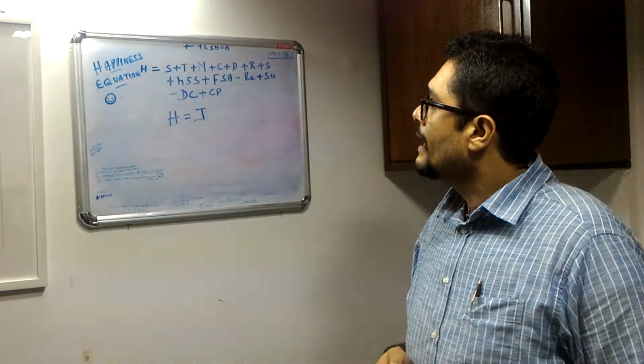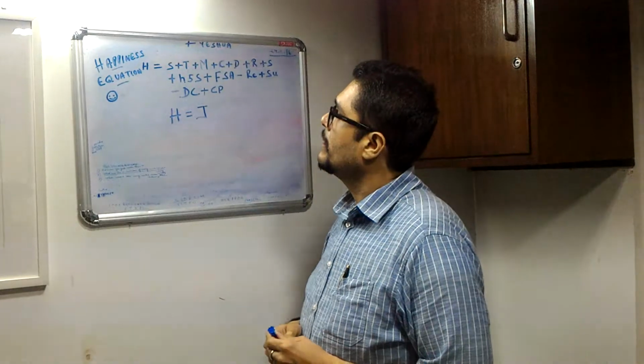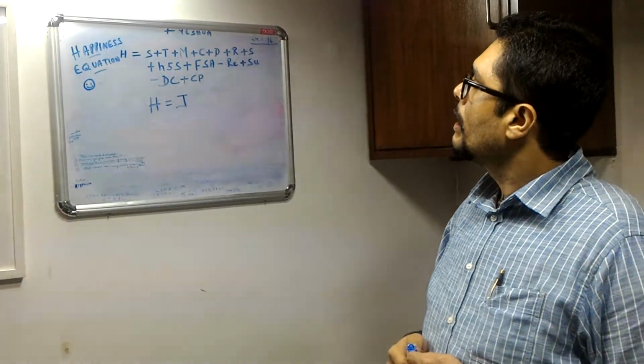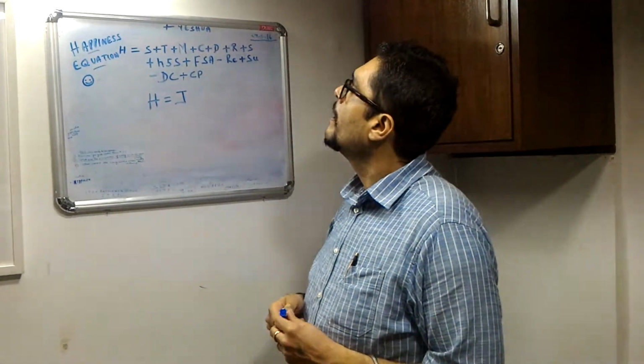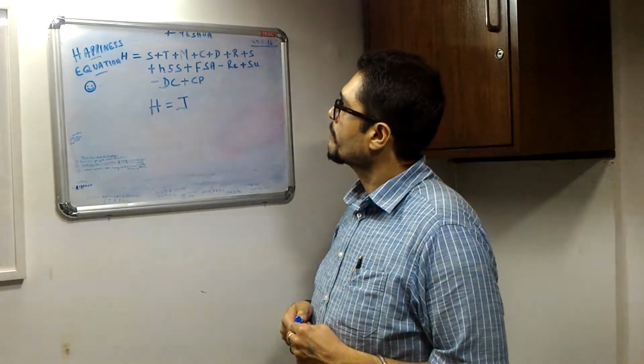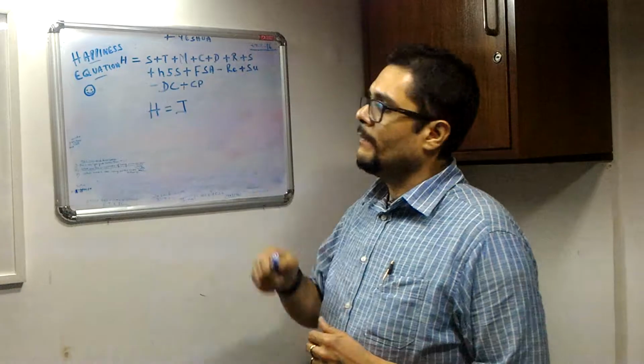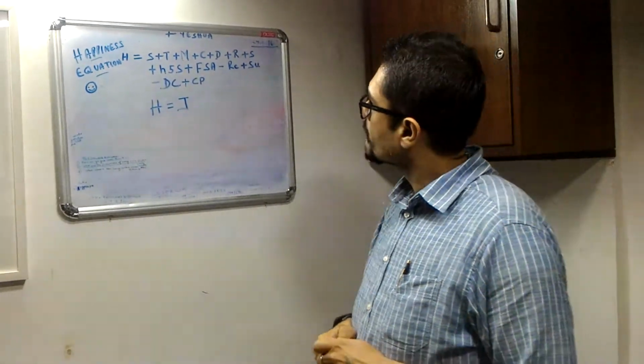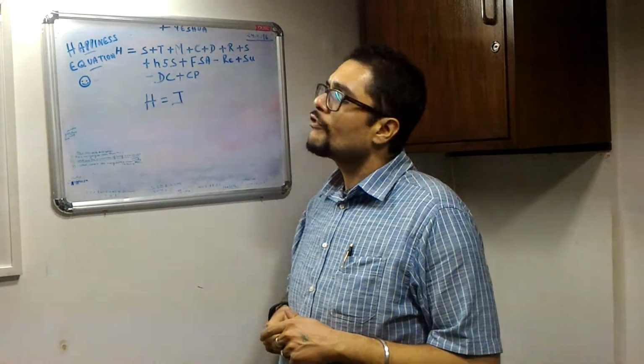Now, let us go towards the next variable, which is P. Now, P here is tryptophan.